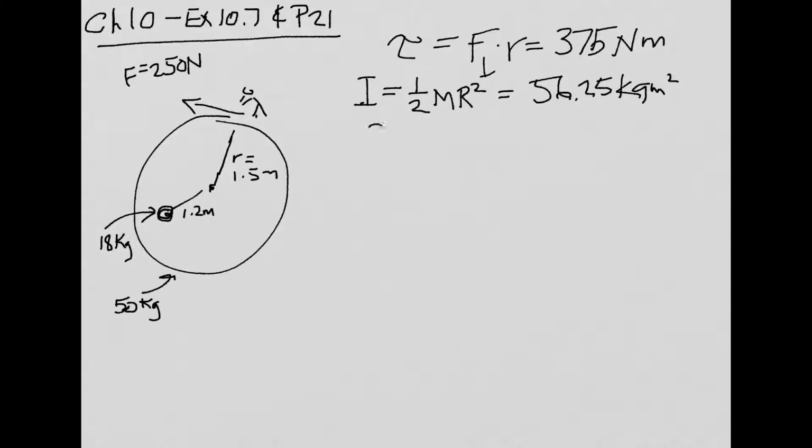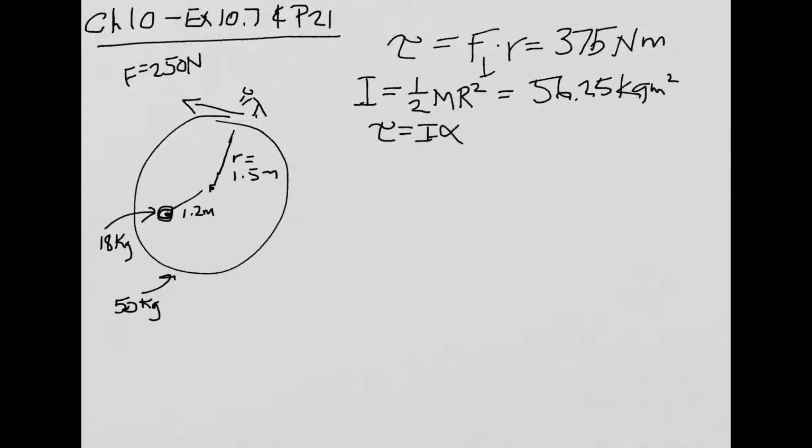Now, tau equals I alpha. This is just Newton's law applied to the rotation. Tau is the equivalent of force. I, the moment of inertia, is equivalent to mass, the measure of inertia. And angular acceleration alpha is the equivalent of linear acceleration.